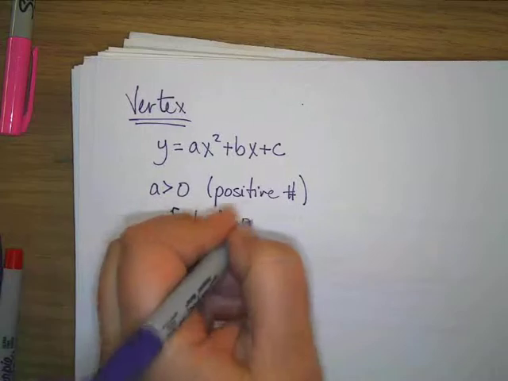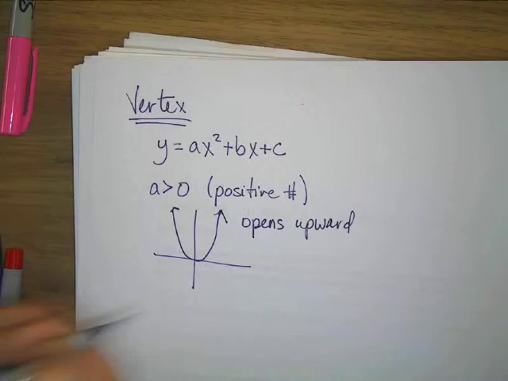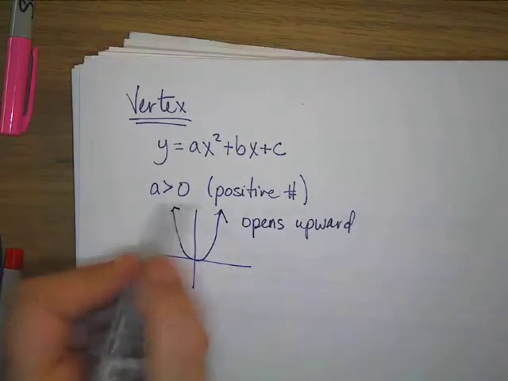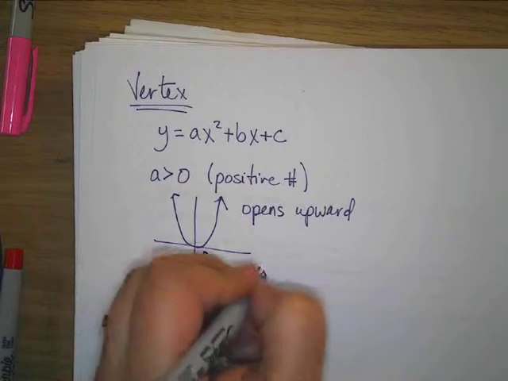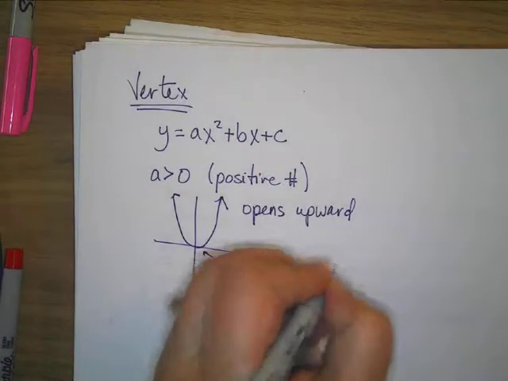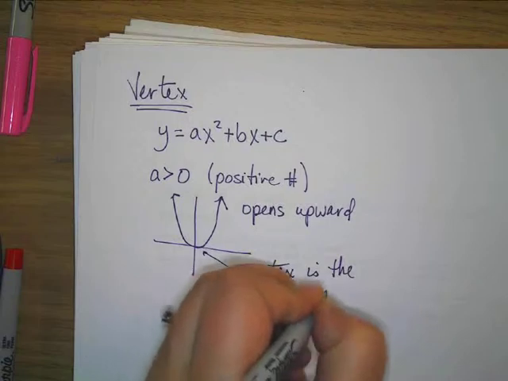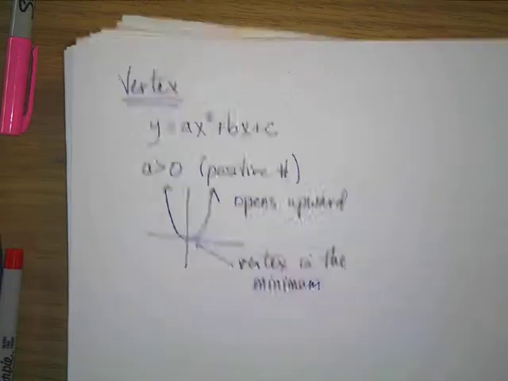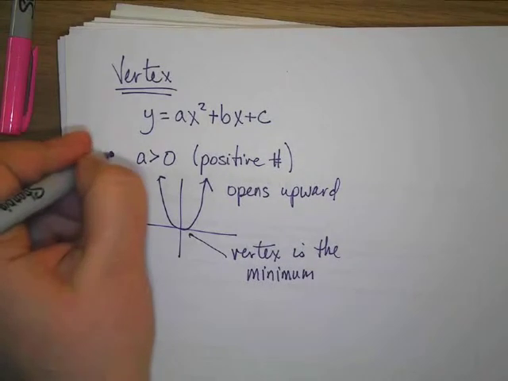We say this opens upward. So if a is greater than 0, it's going to open upward, and the vertex is the minimum. So this is one case.